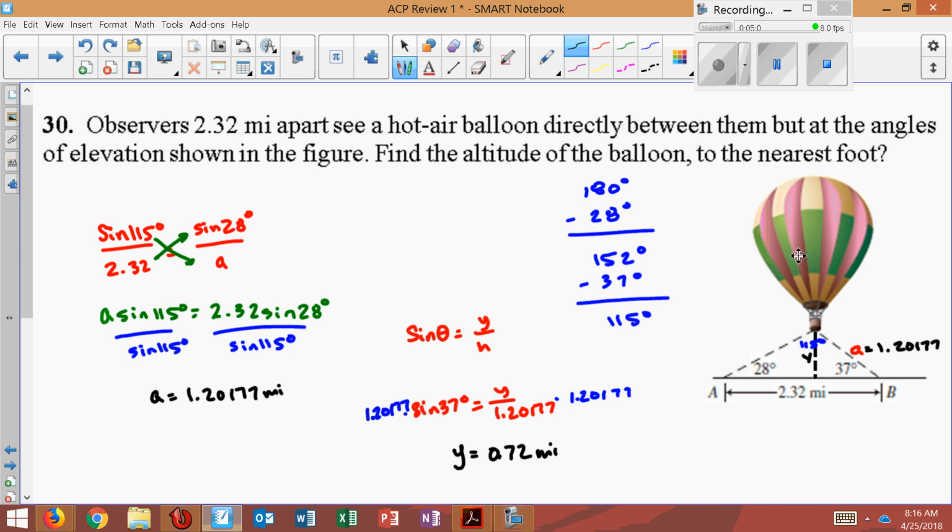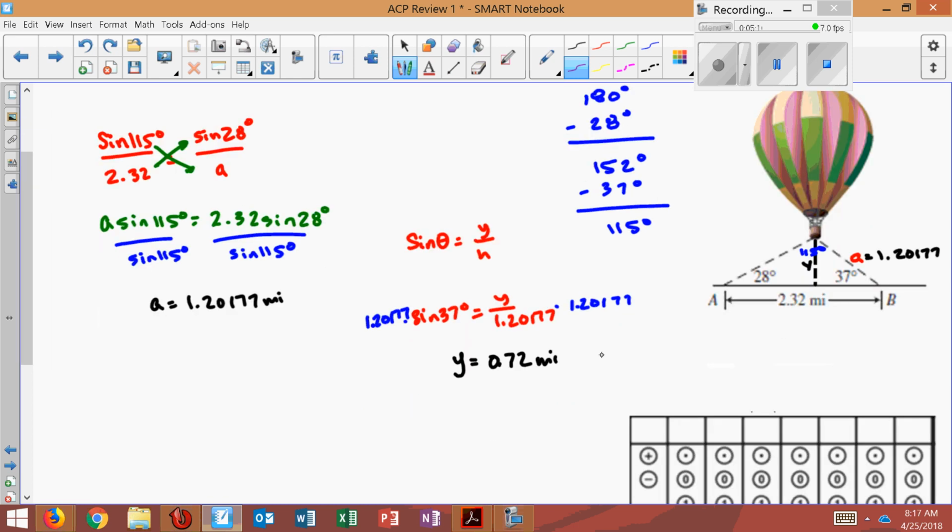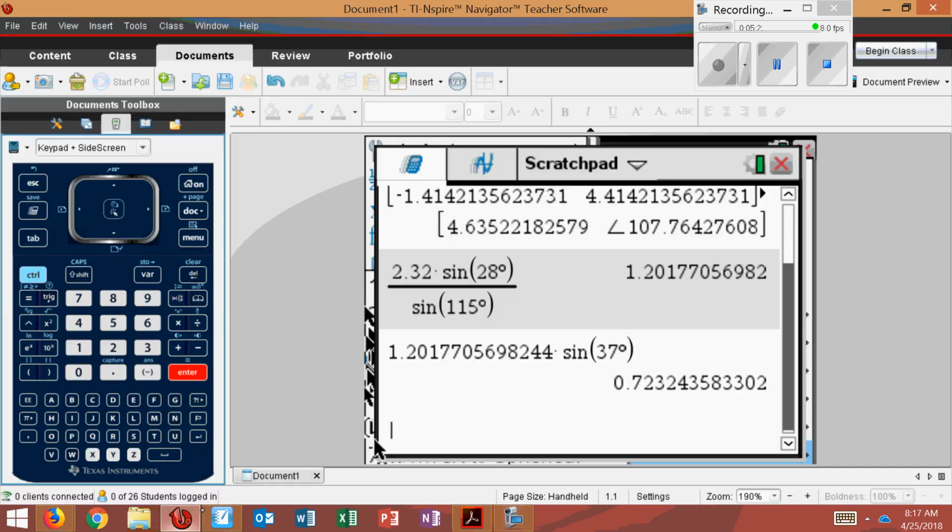Now, to get my final answer, this is in miles, and it says find it to the nearest foot, which means, to get this in the nearest foot, I need to multiply by 1 mile. How many feet are there in 1 mile? 5,280. And this would cancel miles out. And so let's see what we get when we multiply our value by 5280.